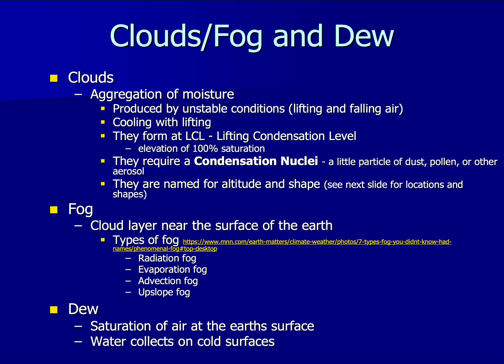The other thing that we're going to talk about here in a few minutes is clouds come in many forms, and clouds are formed by lifting that air to a particular level that allows for the aggregation of condensed moisture to occur. But then they start to take on different shapes.